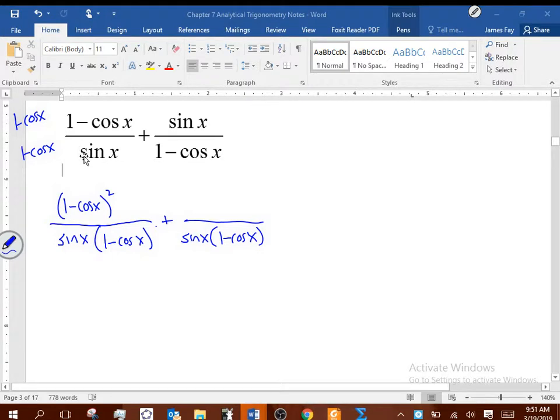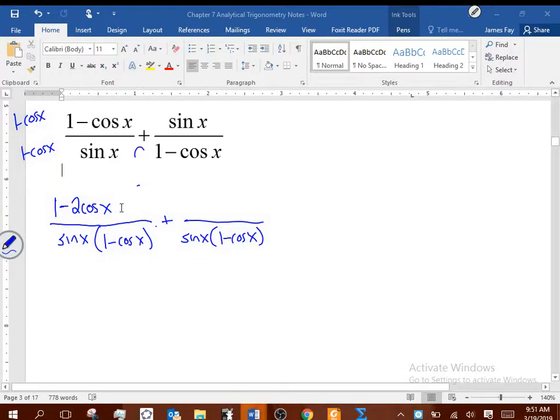I'm a person that likes to do this right now. I'm going to square that, so I'm going to have to FOIL that, right? Okay, so 1 times 1 is 1. Negative cosine x times 1 and negative cosine x times 1 gives me negative 2 cosine x. And then negative cosine x times negative cosine x gives me cosine squared.